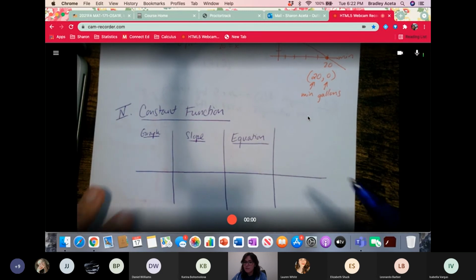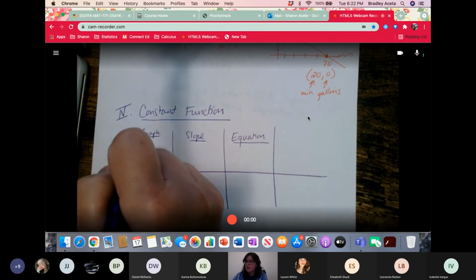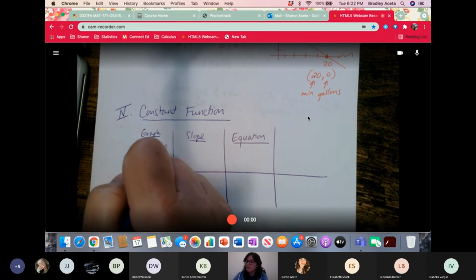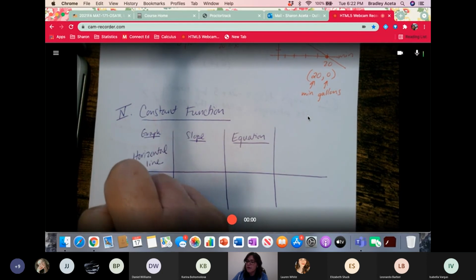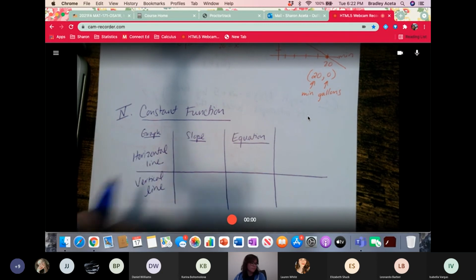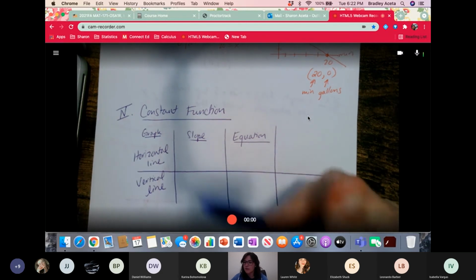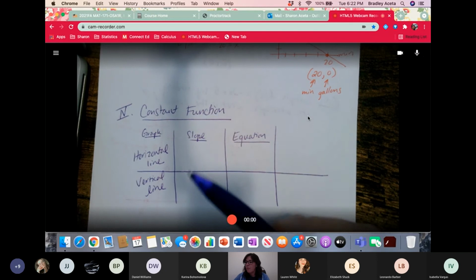So you have 2 different constant functions. You have a horizontal line, and then you have the vertical line. Okay. So horizontal line, a straight line going straight across, and then a vertical line going up and down.